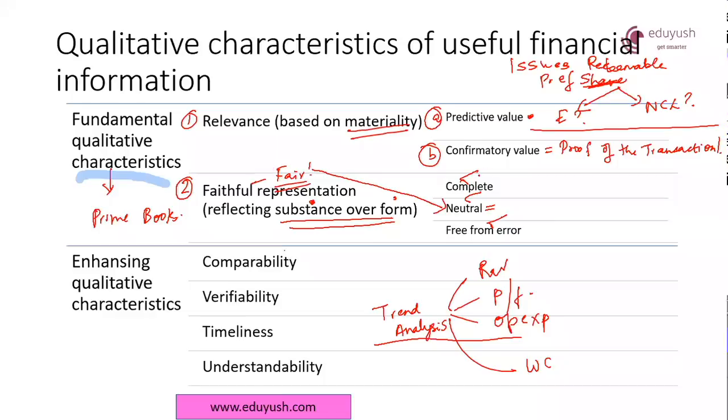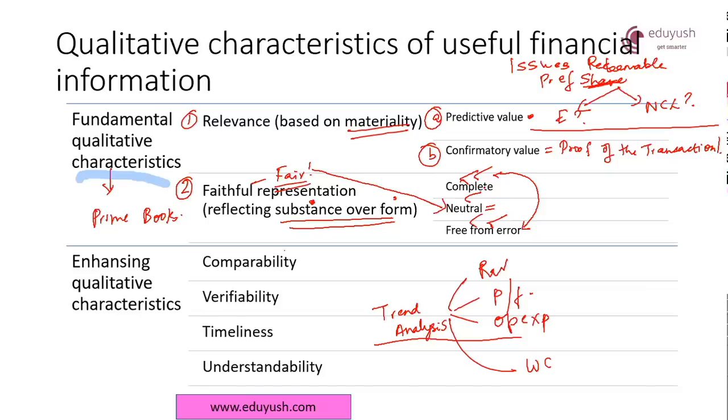Now, complete means record everything. Don't miss out anything. Don't make errors. But of course, when you're recording so many transactions in a company's financial statements, don't you think errors are possible? Human errors? Possible or no? Yes. Possible.